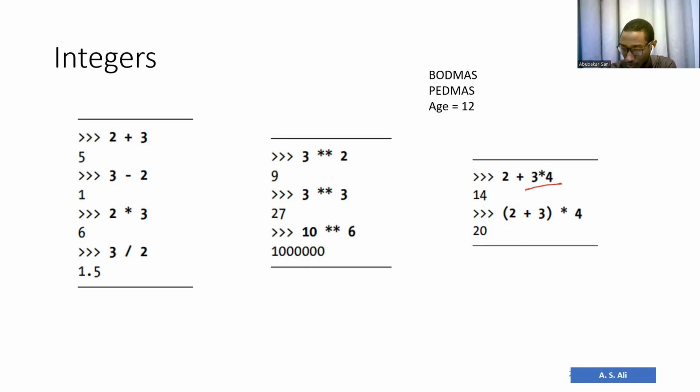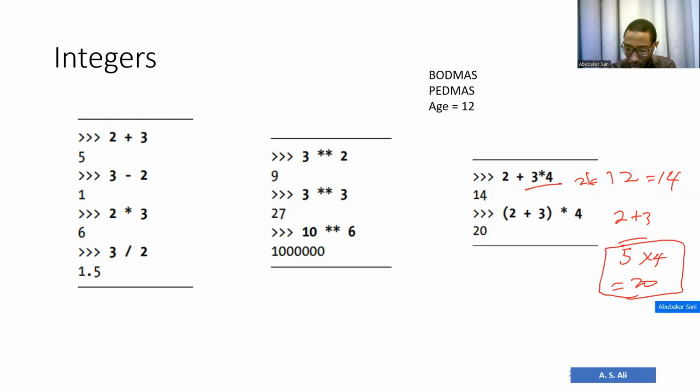So 3 times 4 is 12. So this will be done first. Then you will add 2 to 12, and this will give you 14. So if you do 2 plus 3, that is 5. Then you do times 4, that is 20. So this is wrong. Okay, so the order of precedence comes first.